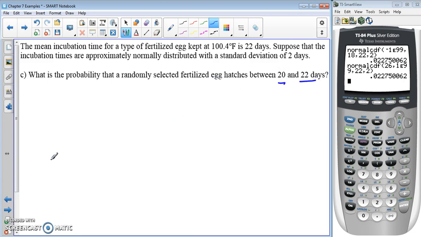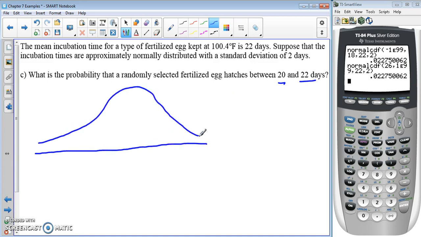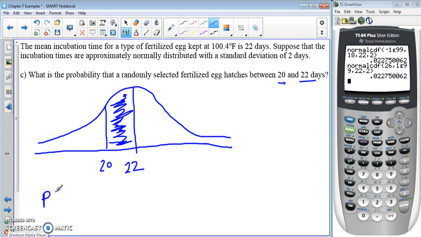The next part, we want to know the probability that a randomly selected fertilized egg hatches between 20 and 22 days. So we have our curve here, and our mean of 22, and 20, and we're looking for this area under the curve, or that probability, same thing. So we're looking for the probability that X is between 20 and 22.